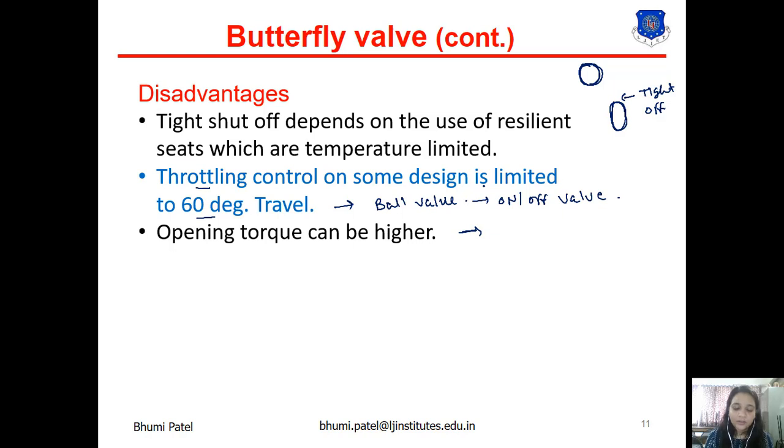Now whenever the butterfly valve is at 0-degree, it is totally in the closed position, and whenever it is at 90-degree, it is in the fully open condition. So this is the butterfly valve, a type of quarter turn valve.